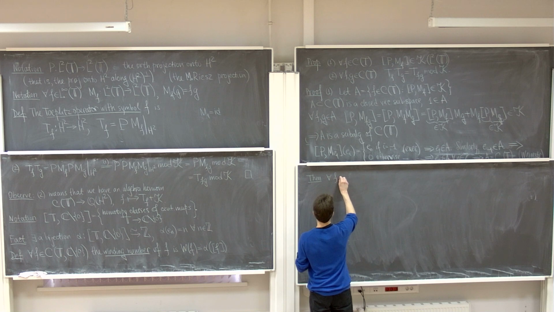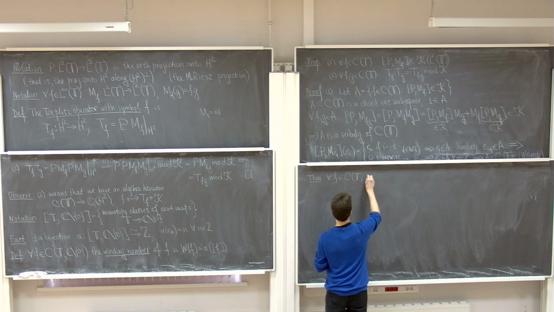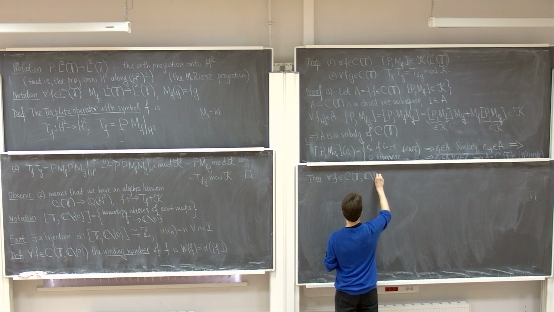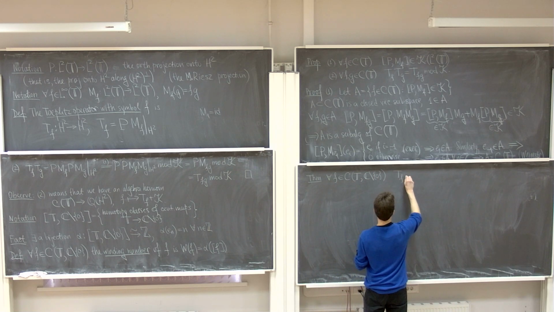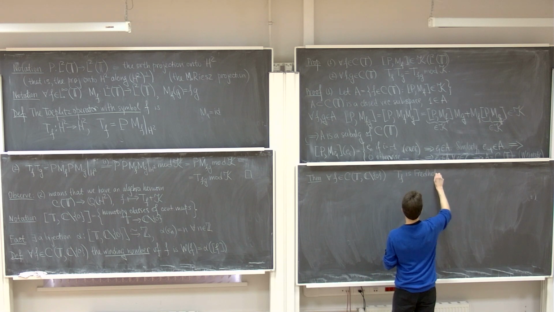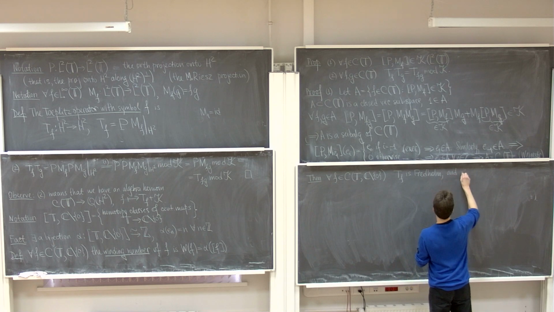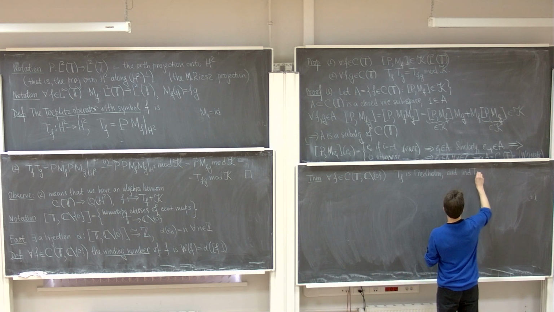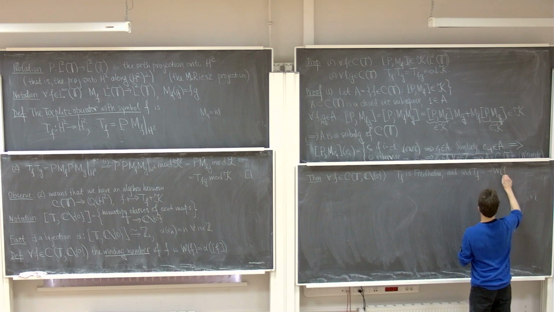I claim that for each non-vanishing continuous function f on the circle, the corresponding Toeplitz operator T_f is Fredholm, and the index of this operator equals minus the winding number of f.